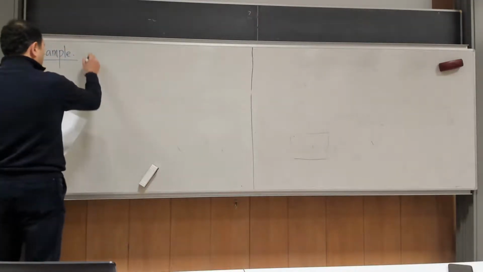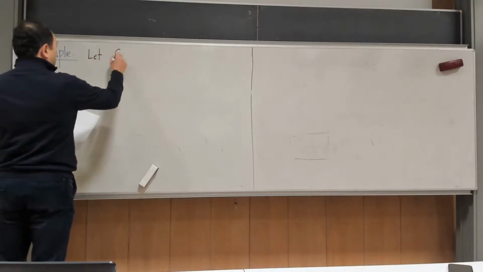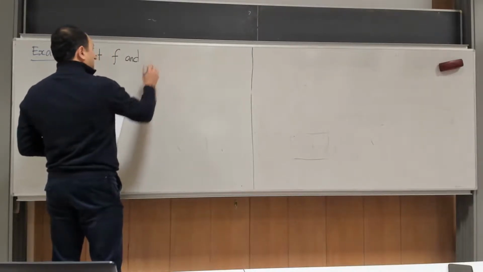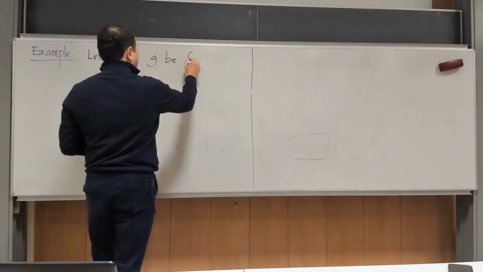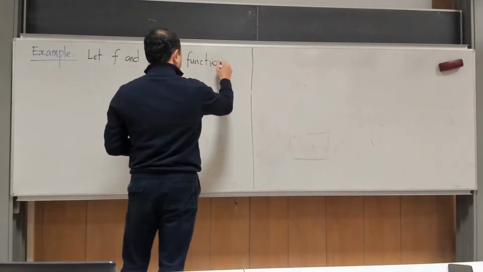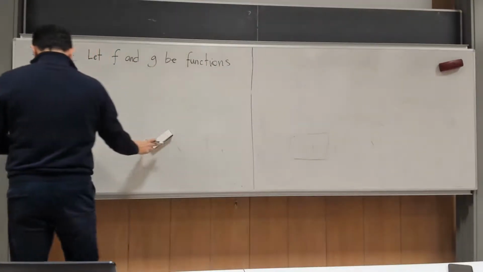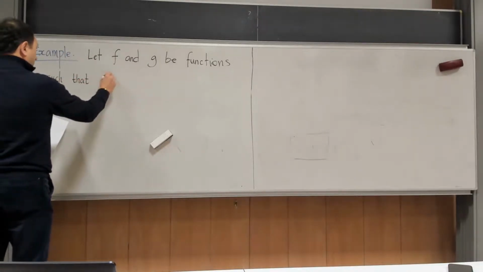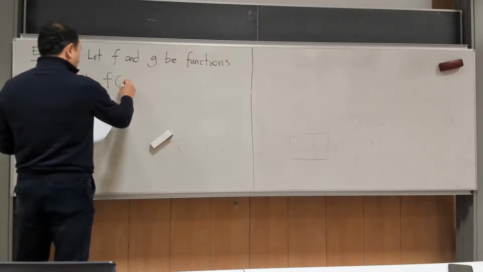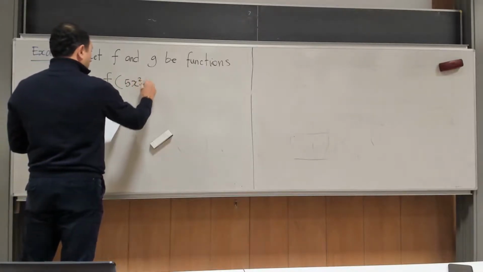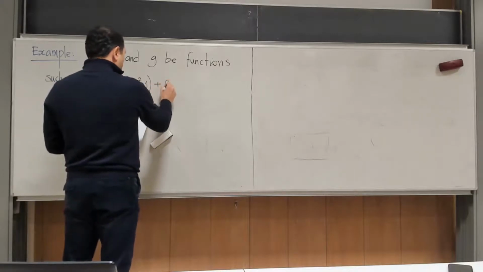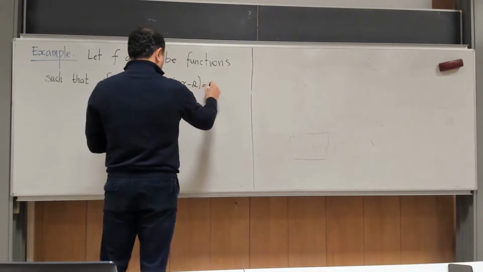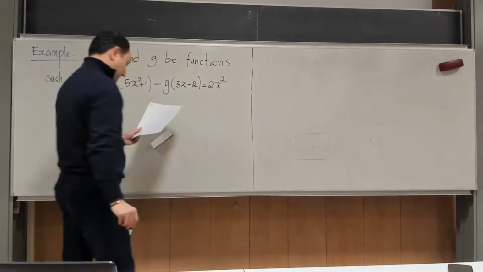Let f and g be functions such that f of 5x squared plus 1 plus g of 3x minus 2 is equal to 2x squared.